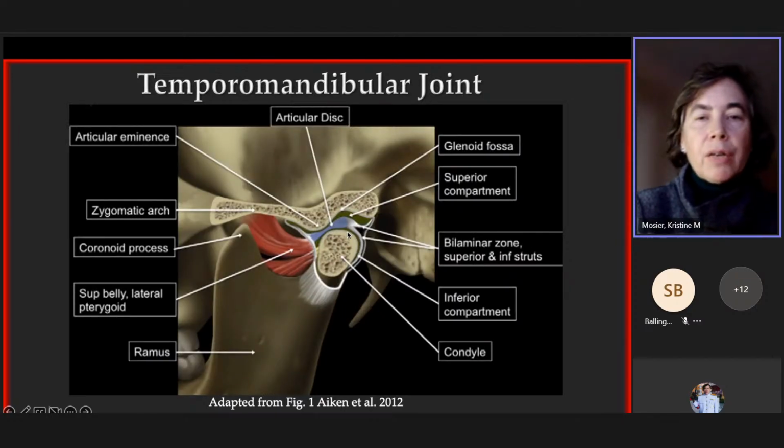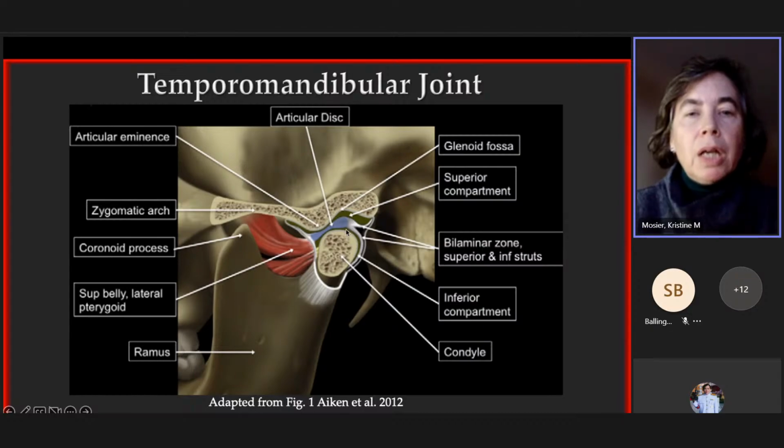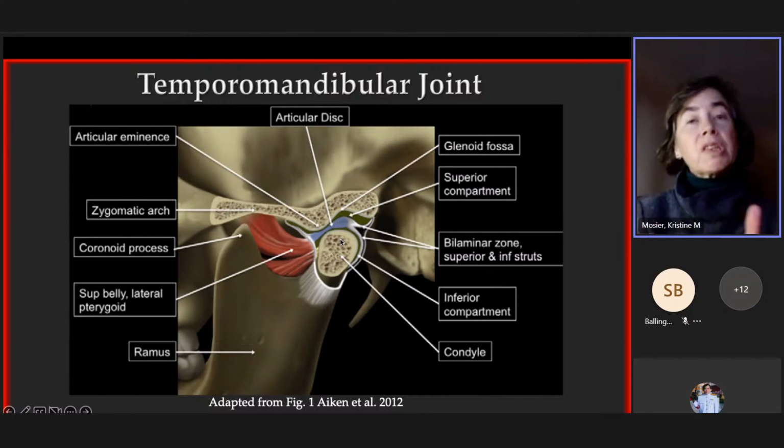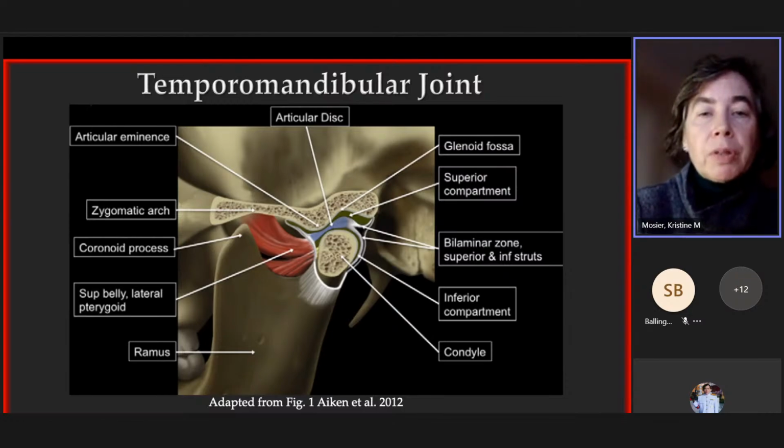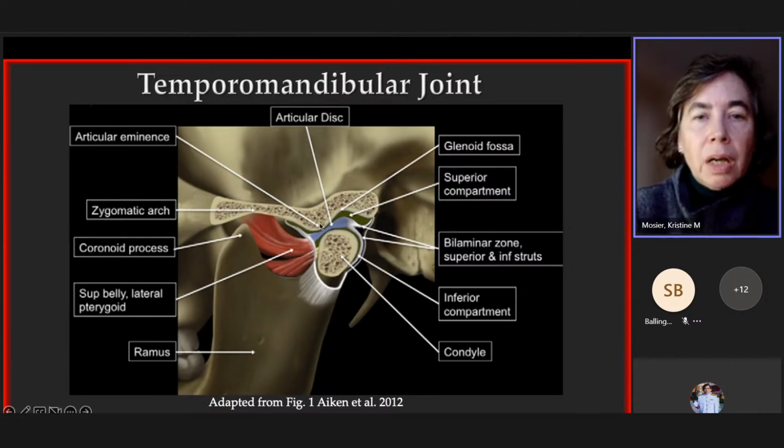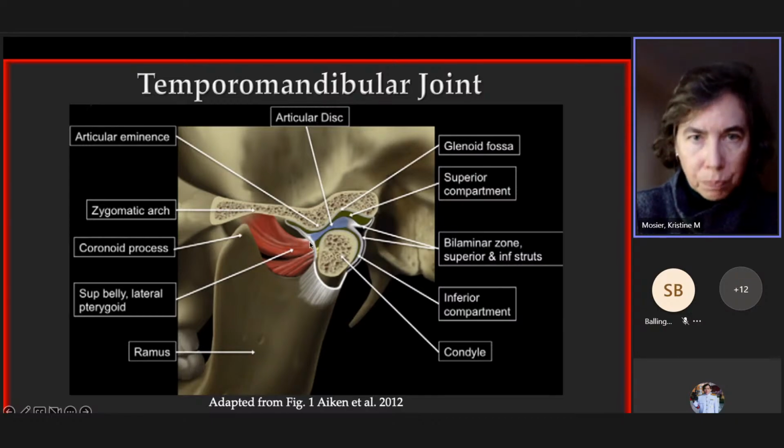So as we look at this lovely diagram of the temporomandibular joint, again, notice the mandibular condyle articulating within the glenoid fossa here. One of the things that we're evaluating is these osseous relationships between the mandibular condyle and the glenoid fossa and articular eminence. We see this enclosed by this fibrous capsule, again, attaching to the superior belly of the lateral pterygoid muscle.